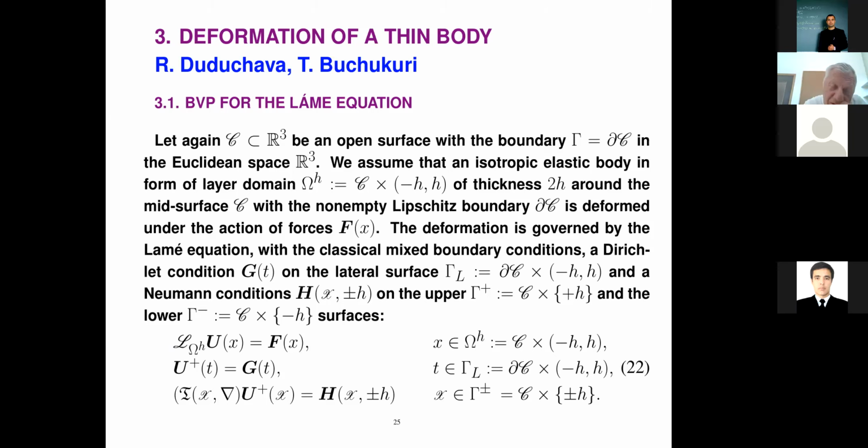Inside this thin domain, we have the Lamé equation with the right-hand side F. On the lateral surface of this thin domain, we have a Dirichlet condition. If it is 0, it means that the domain is clamped. And on the upper and lower surfaces, we have the traction operator, which, if it is 0, means that the surfaces are free. If the right-hand side is non-zero, it means that there is some load.